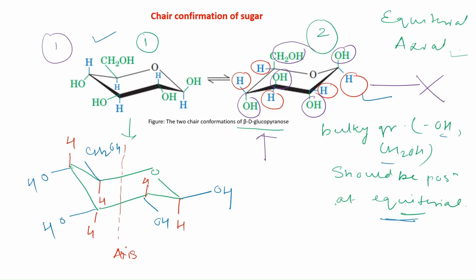Because only beta D glucose can have all the 5 non-bulky groups in axial position, or in other words, we can say because in beta D glucose, all the bulky groups are at equatorial position. Therefore, glucose is the most abundant monosaccharide in nature.